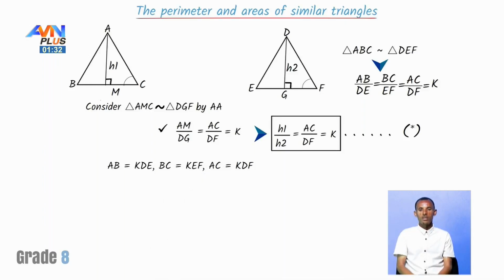The other relationship that we can take is BC is equal to K times EF. And the third relationship is AC is equal to K times DF. Good.